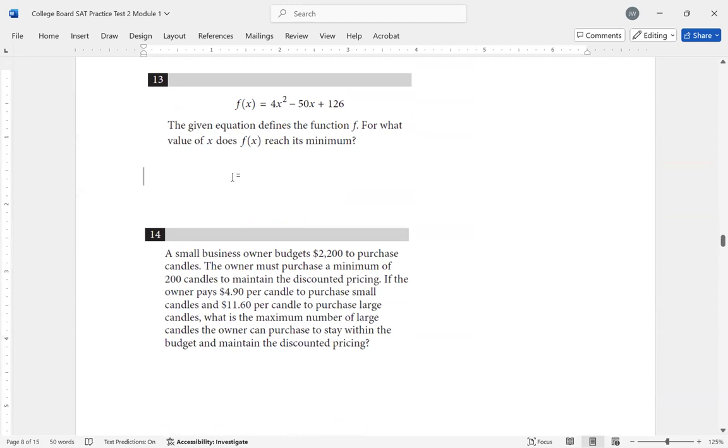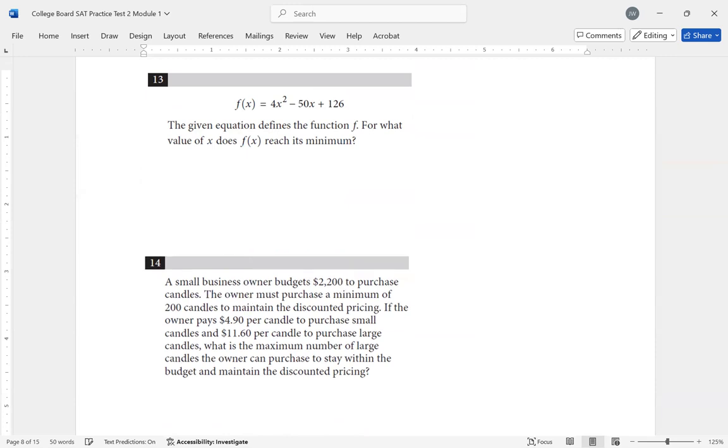13 says the given equation defines the function f. For what value of x does f of x reach its minimum? Well, here's the thing about this question and any other question that looks like this one. This is a quadratic equation.